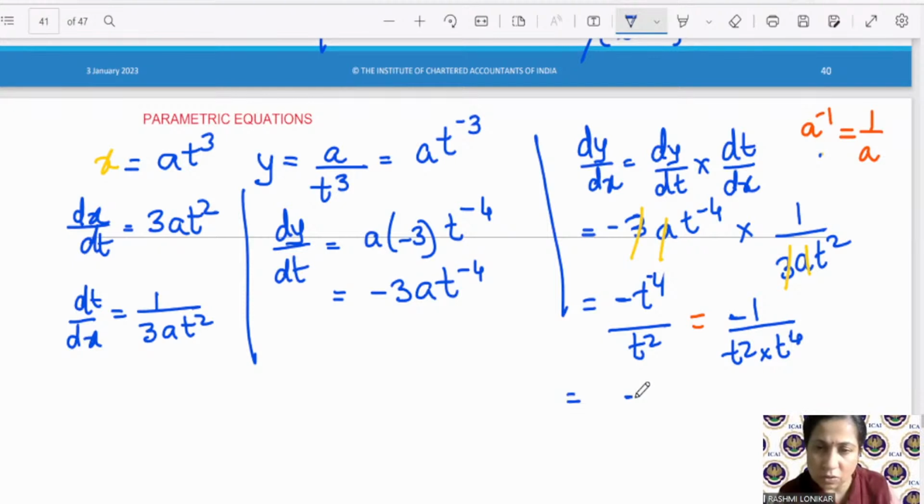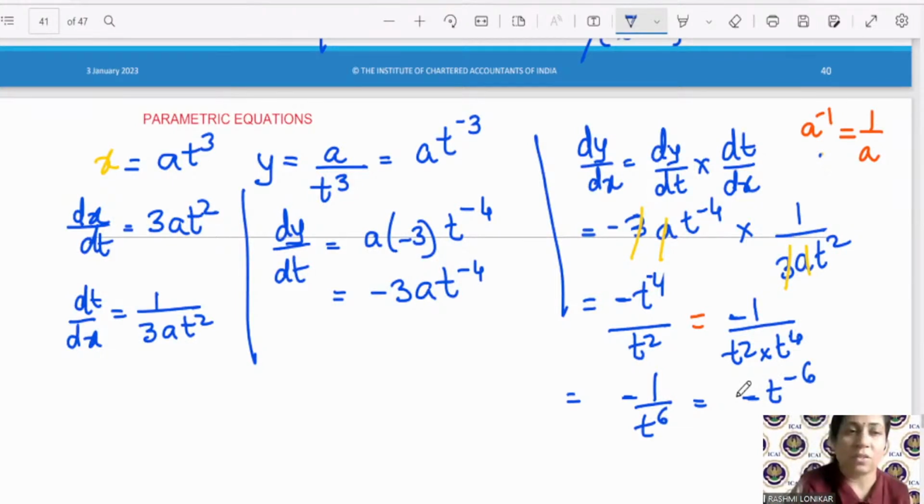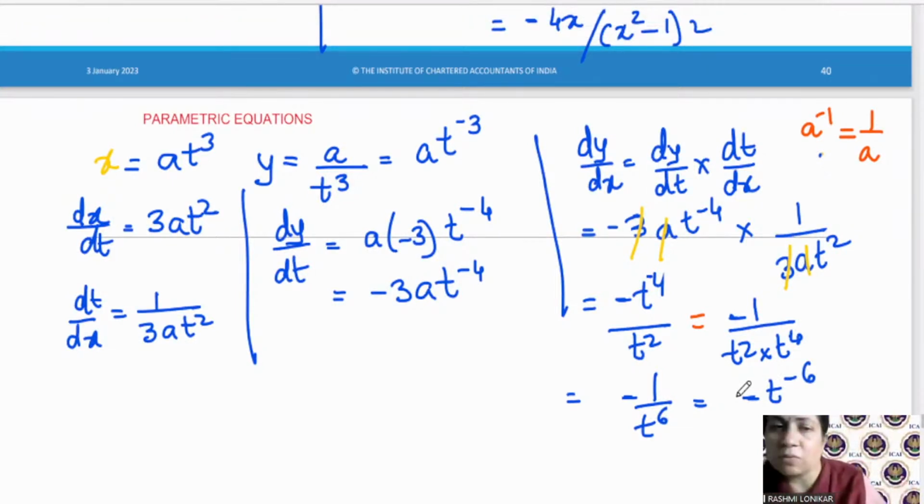So this is equal to minus 1 upon t raised to 6, which is equal to minus t raised to minus 6. This is the way you have to answer this. Akshata, you can see. Asif, you can see now.